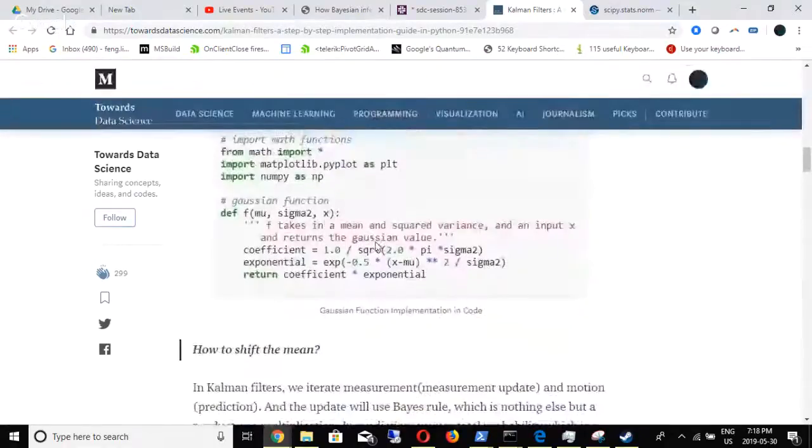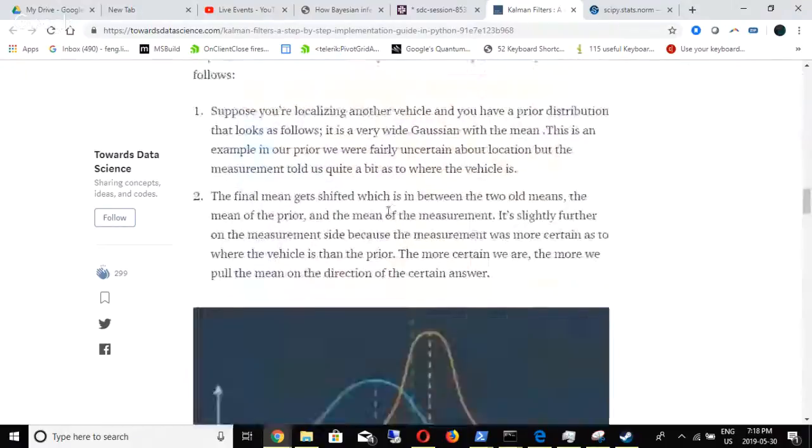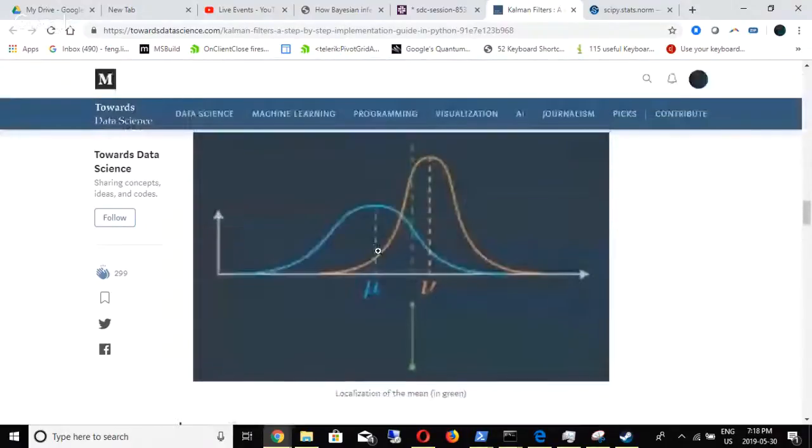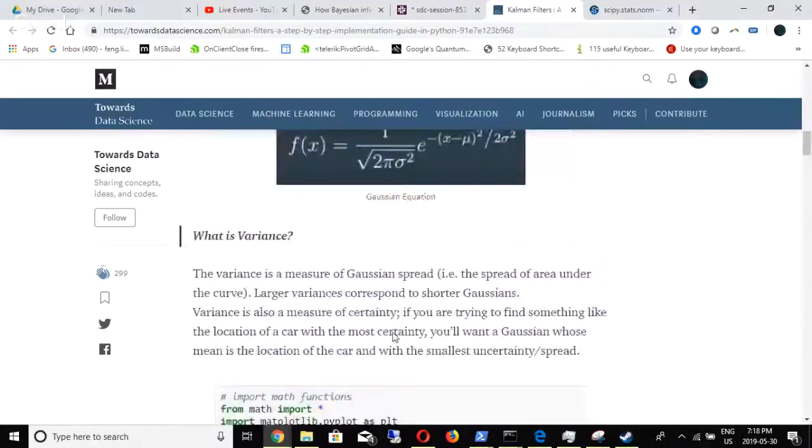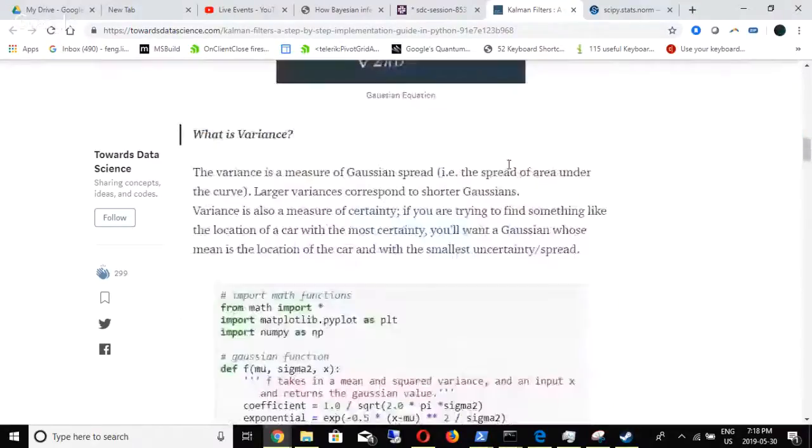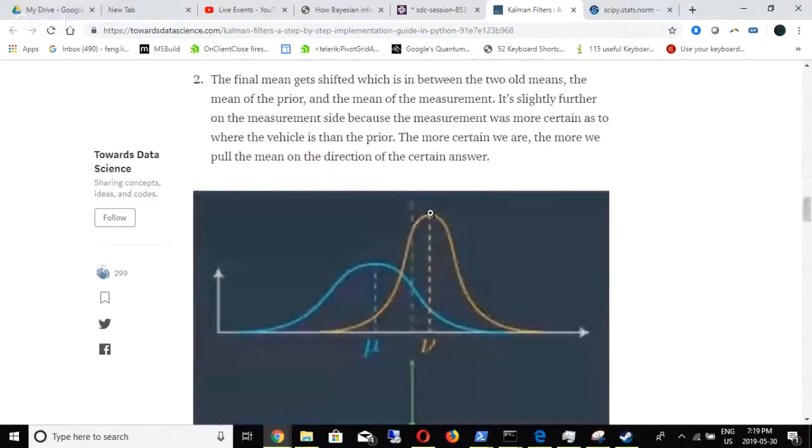These means, in terms of Kalman filters, are actually either prior measurements, like previous ones, or current measurements.